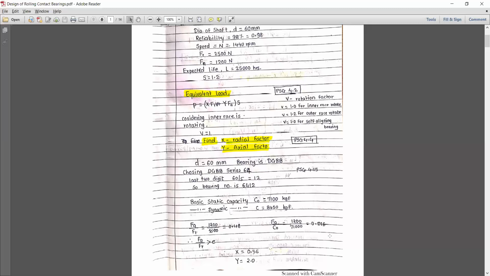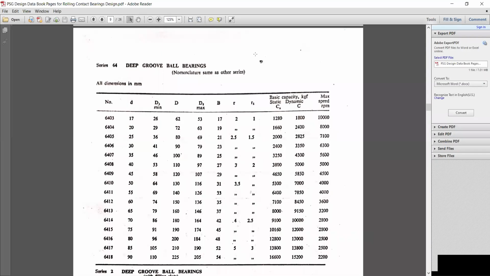Now we need to calculate the values of X and Y, because we have the values of Fr, Fa and the service factor S. Only these two, X and Y, are unknown. We need to find the values of X and Y with reference to PSG page number 4.4.